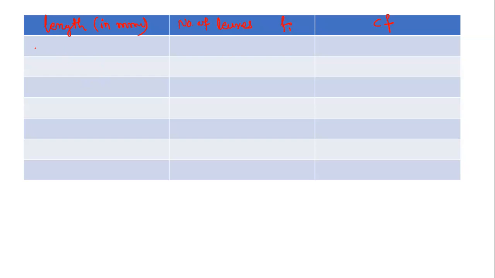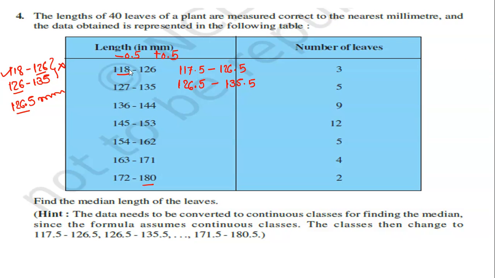So first will come 117.5 to 126.5, then 126.5 to 135.5. Okay, 135.5. See, it is not possible to maintain all this in a single slide here, because as you can see, it has already covered too much place.